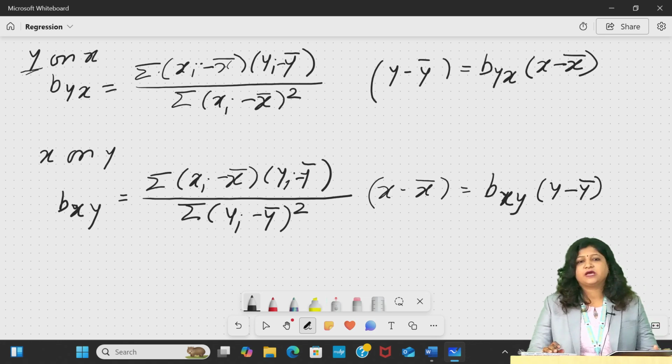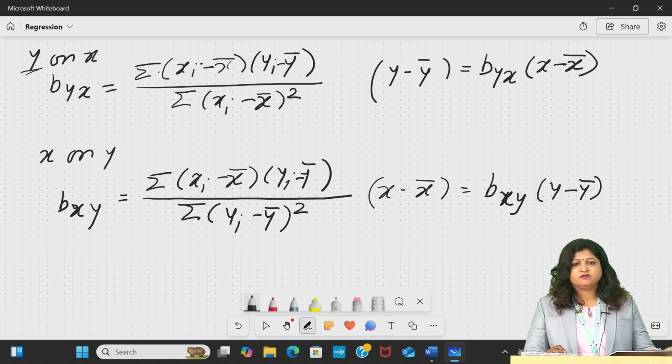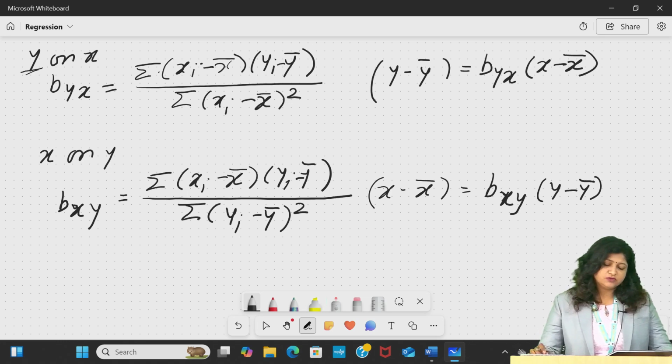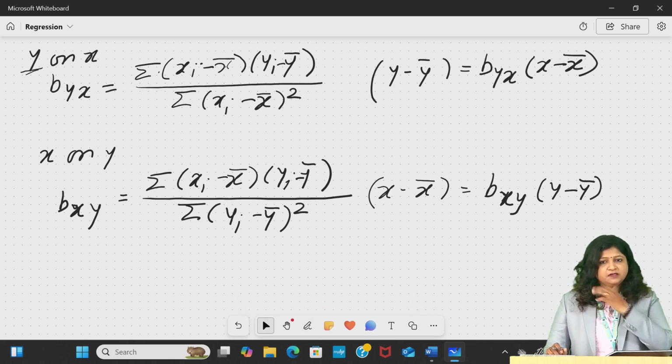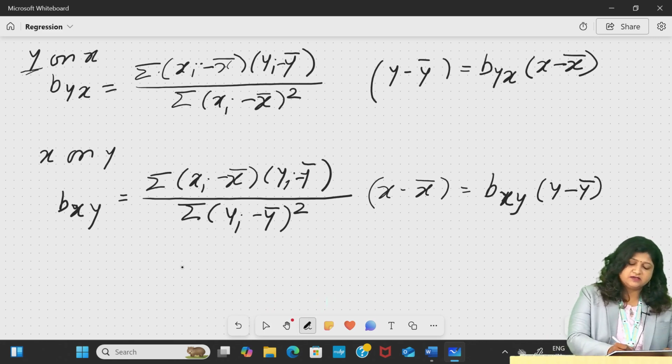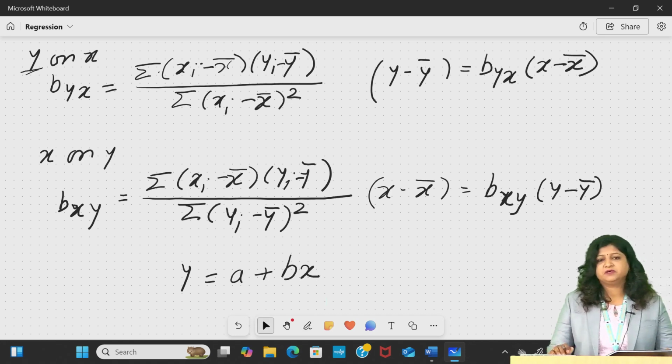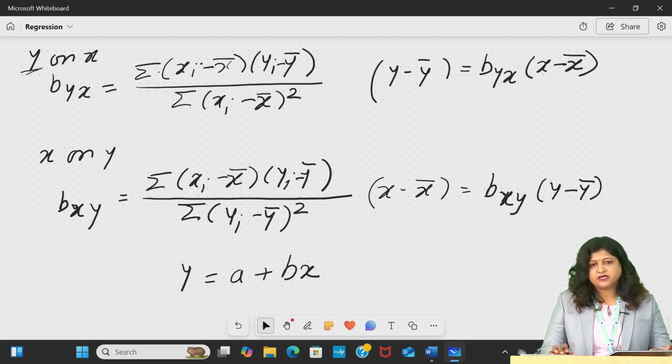Now how do we calculate with the actual values given for the variables? Let us see. And here I would also like to share that regression equations are generally given as y is equal to a plus bx. This is the famous generalized regression line.